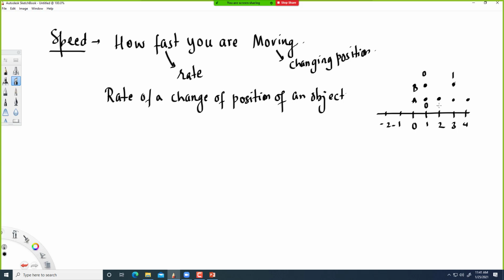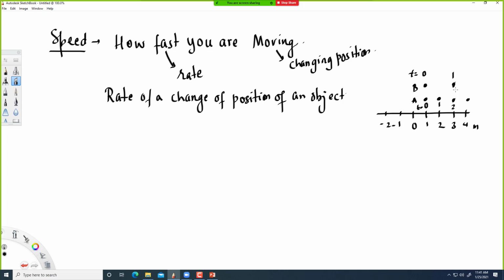Anything that you see over the dot mark is the time. I wrote it below here, but usually we write it on top of the dot mark. At 0 seconds, my position is here at 1 meter. These are all in meters. In the next instance, at 1 second, my position is here, and B's position is here. So B is changing its position faster than A. That means it's moving faster, or its speed is greater.